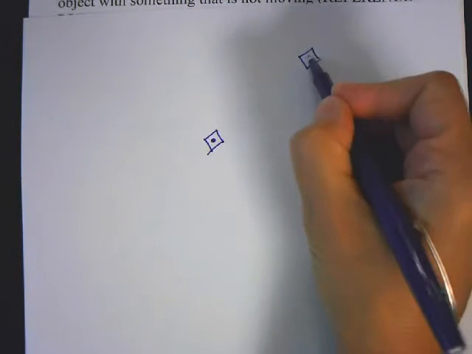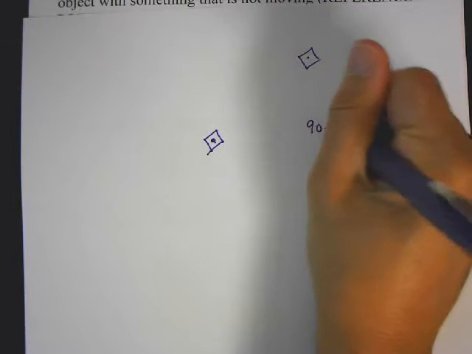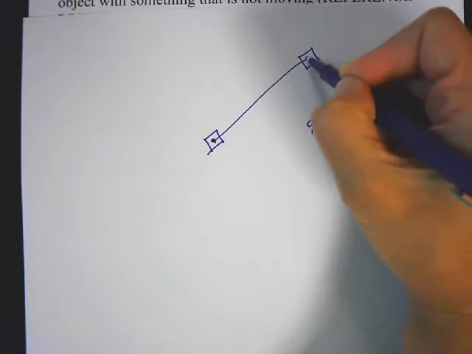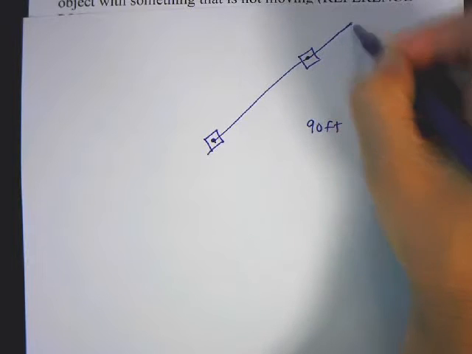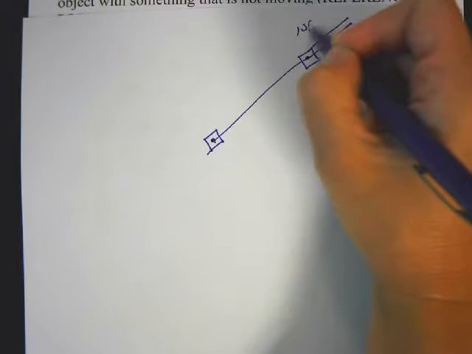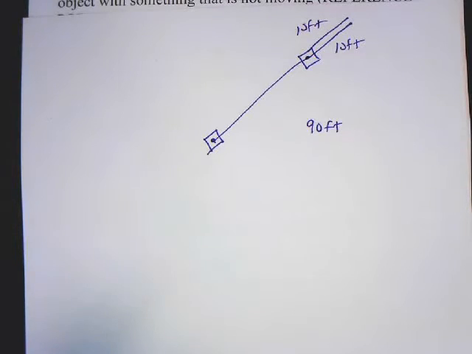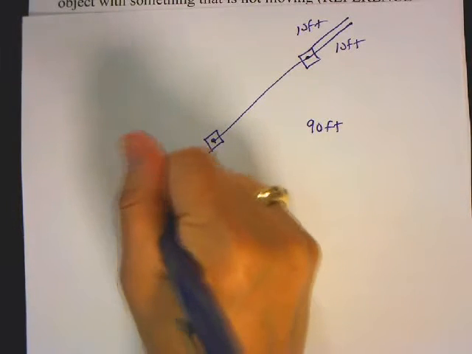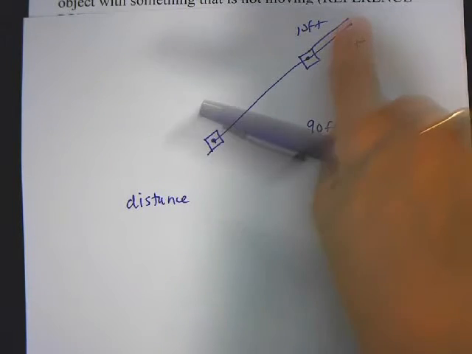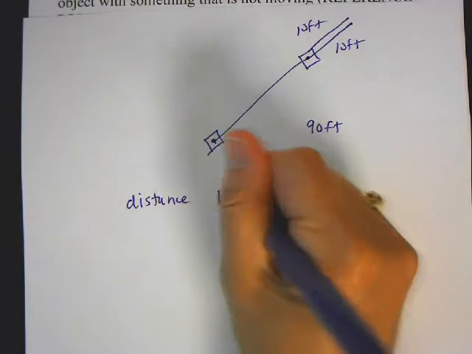Now, what's the distance from home plate to first base? 90 feet. But you're running as fast as you can, so you run past first base about 10 feet, and then you turn around and you come back and you stand on first base. Okay? So everyone can picture that now in their mind, right? The distance that you travel is going to be 90 plus 10 more, so your distance is 110 feet.